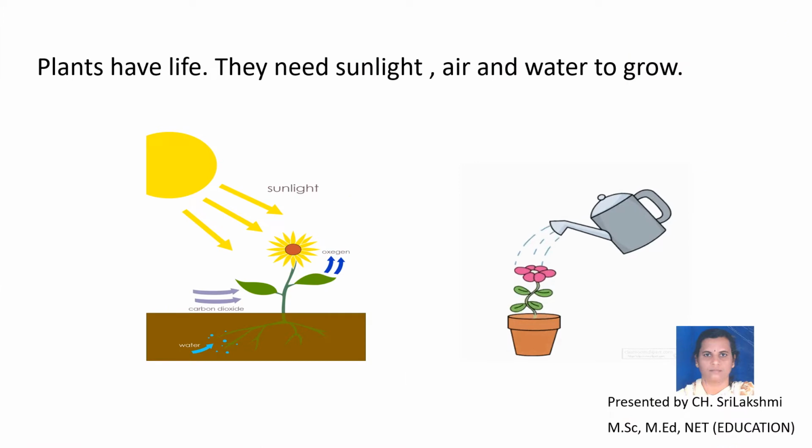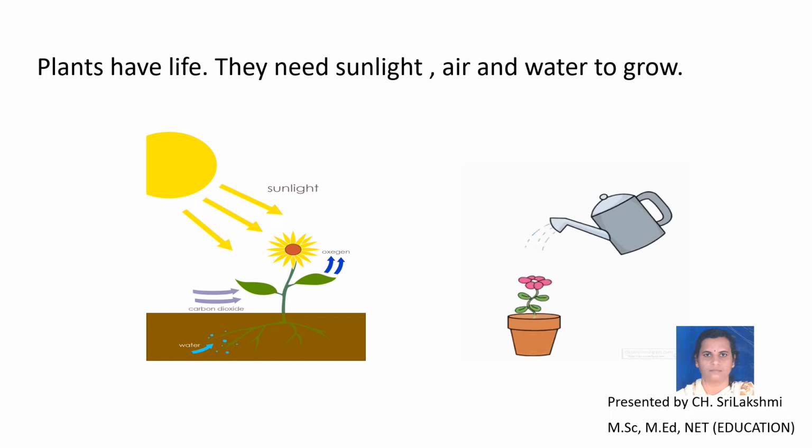Plants have life. How do we know that plants have life? If we plant a small sapling in a flower pot and we are not providing good sunlight to it, that is, if we are keeping it in a very dark place, does the plant grow?